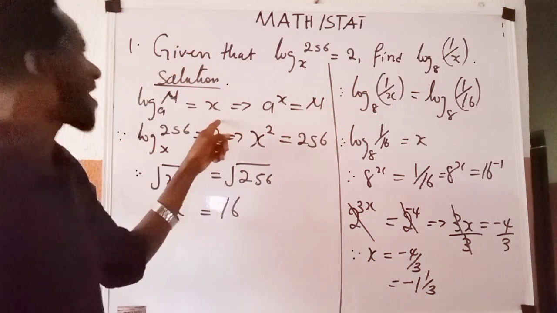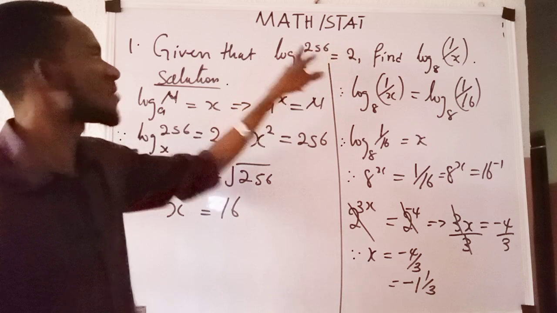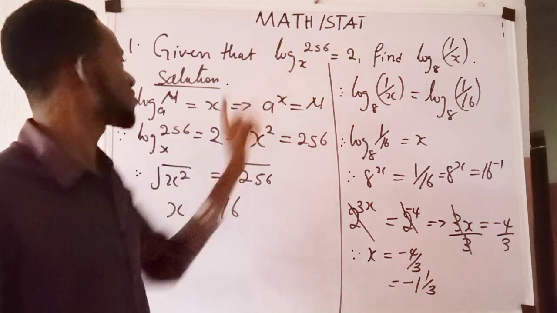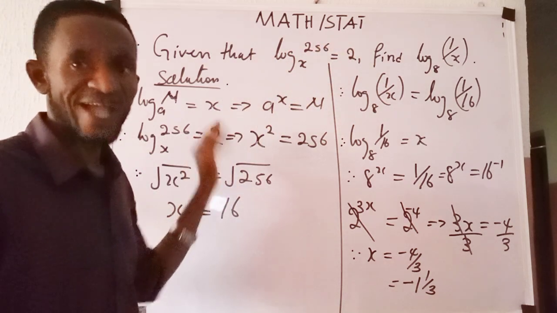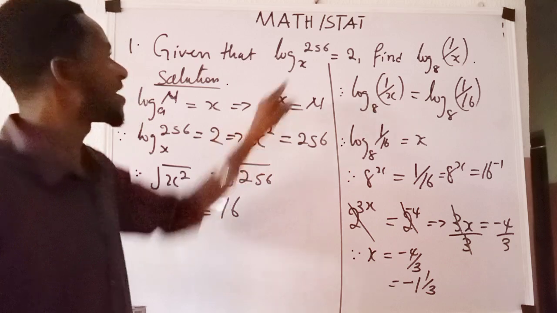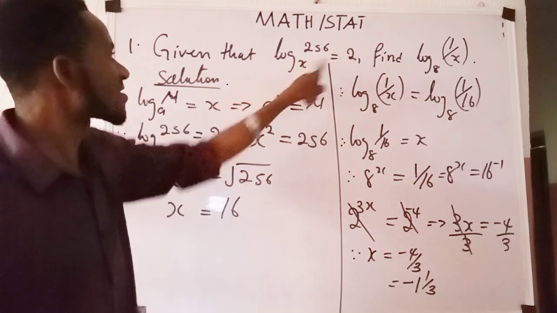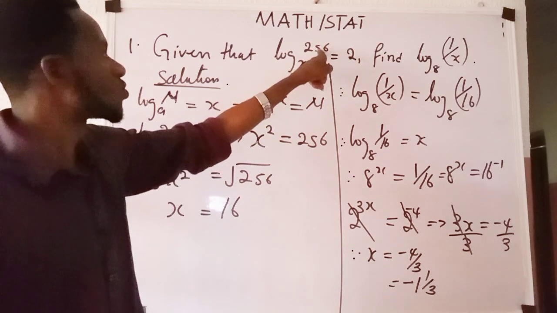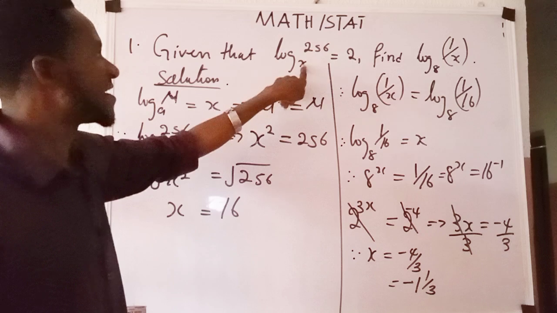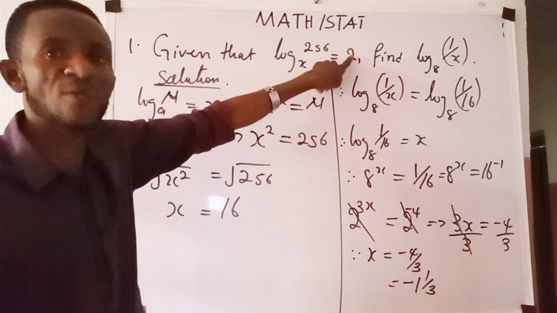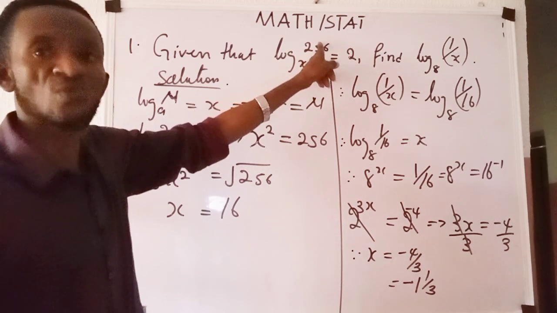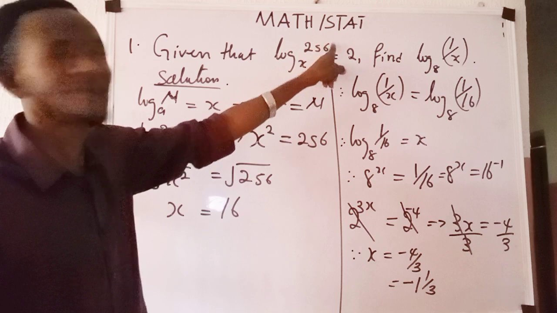And then when I came down here and said, for us to know the value of x now, we quickly transform this into indices. To transform it into indices, we say x raised to power 2 equals 256. The base raised to power the number you equated it to is equal to the number, and the number is 256.